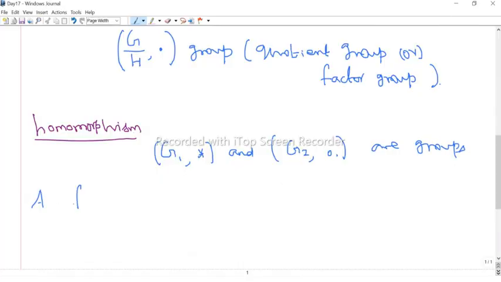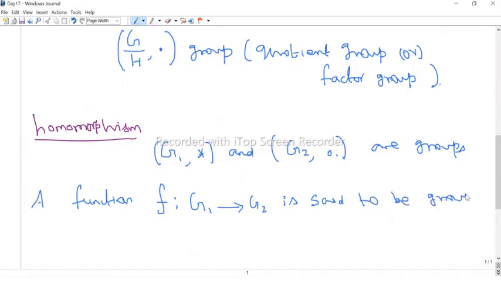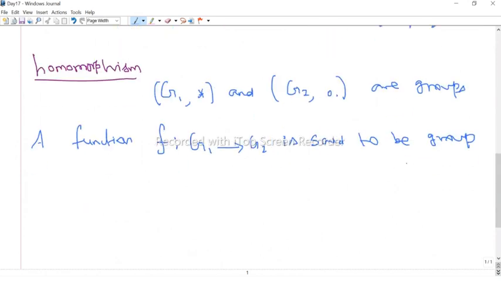A function F from one set G1 to G2 is said to be a homomorphism. What is a group homomorphism? Because we are defining a function between groups, therefore it's called a group homomorphism. F is a group homomorphism if it preserves the operation.